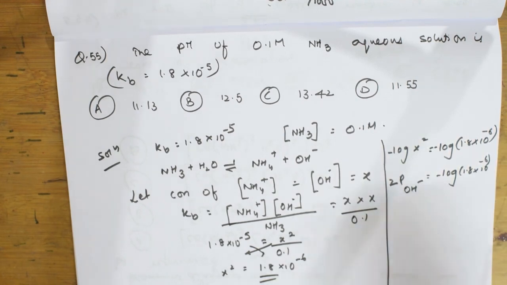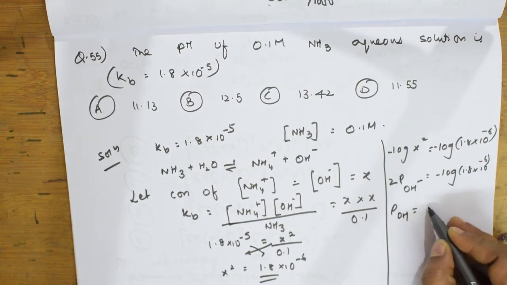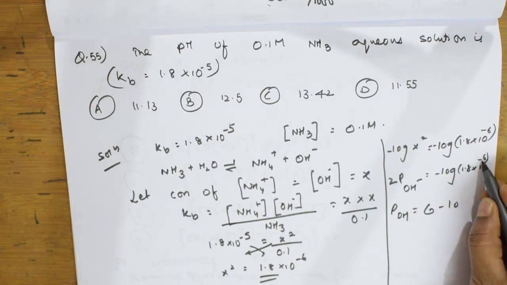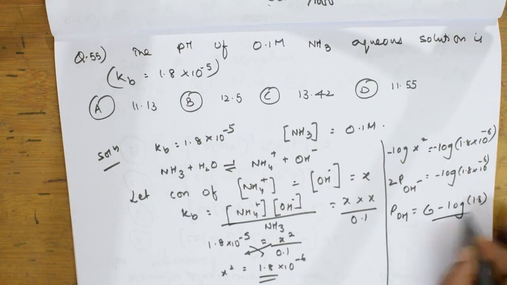Correct? Now pOH is equal to 6 minus log 1.8 divided by 2.